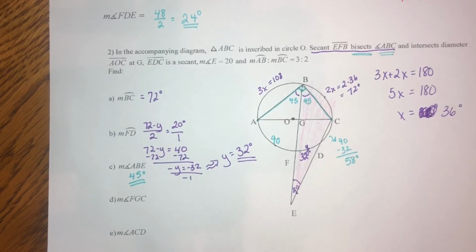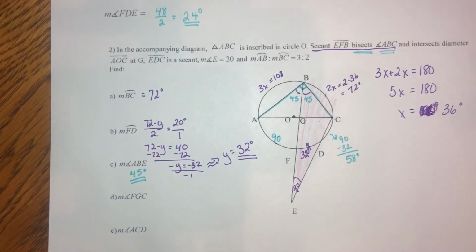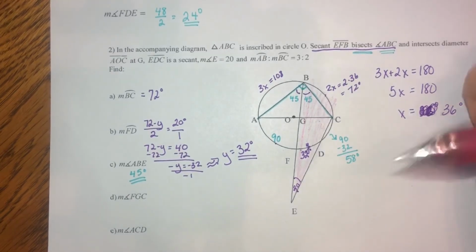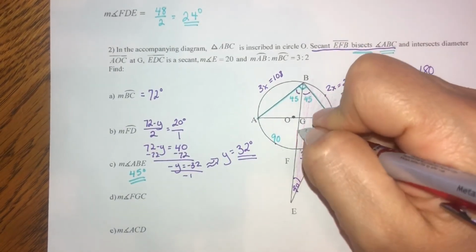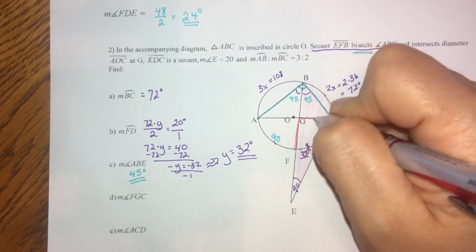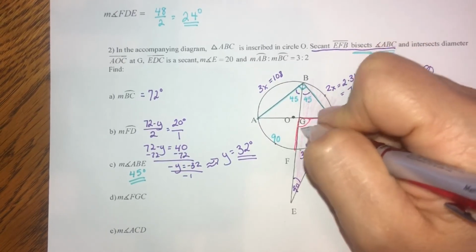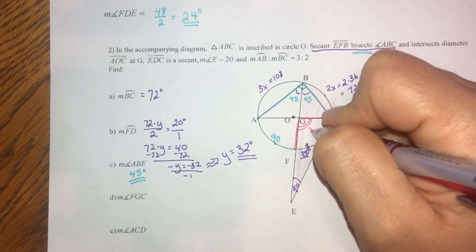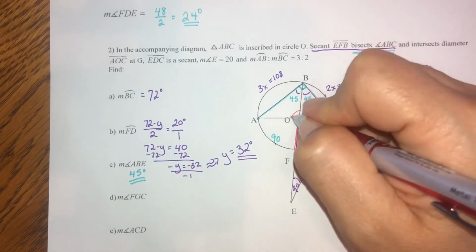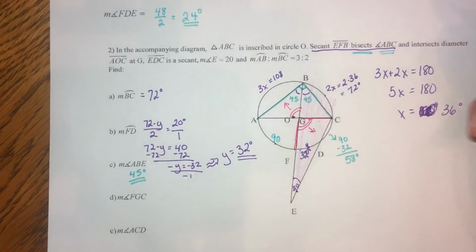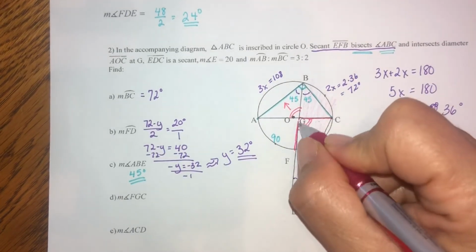Okay, next thing they want me to do is figure out the measure of angle FGC. From F to G to C, I've got one of those funky angles that's in the middle of the circle, but it's not at the center. So that means I have to add its arc and its vertical angle's arc and divide it by 2. Its arc, however, look here carefully.